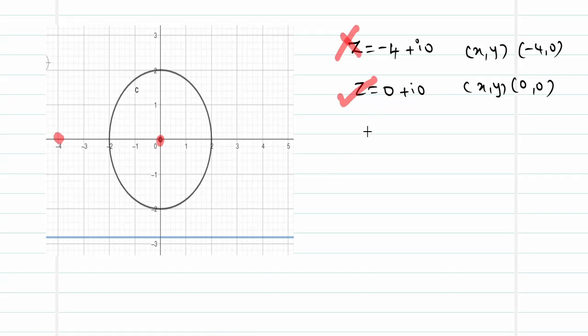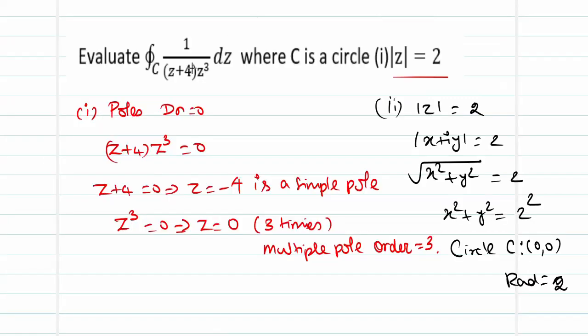As we have already discussed, if there are points that lie outside, the outside point can be clubbed with your f of z for simplification's sake, leaving the point inside alone. Hence, this z plus 4 that lies outside can be taken to your numerator, leaving this z cube alone in the denominator.